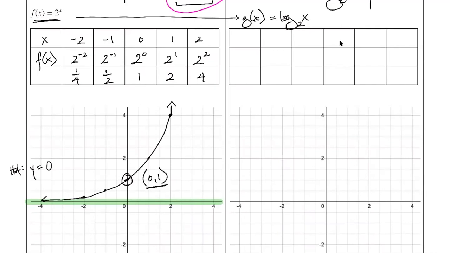So that's actually a point on my log graph. (0, 1) became (1, 0).